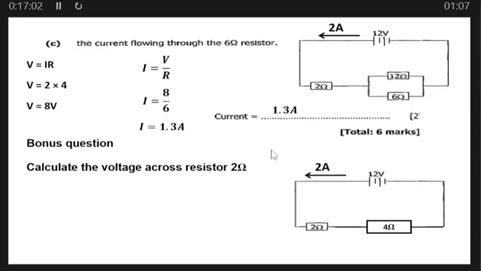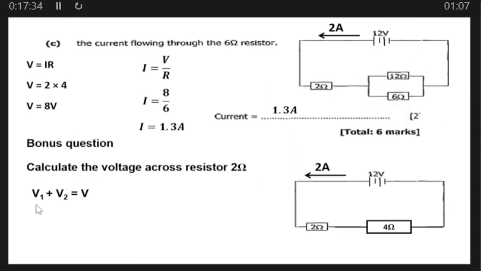Remember in our previous lesson, we said since this resistor and this are in parallel, we can simply say the voltage here and the voltage here must give us the total voltage in the cell.